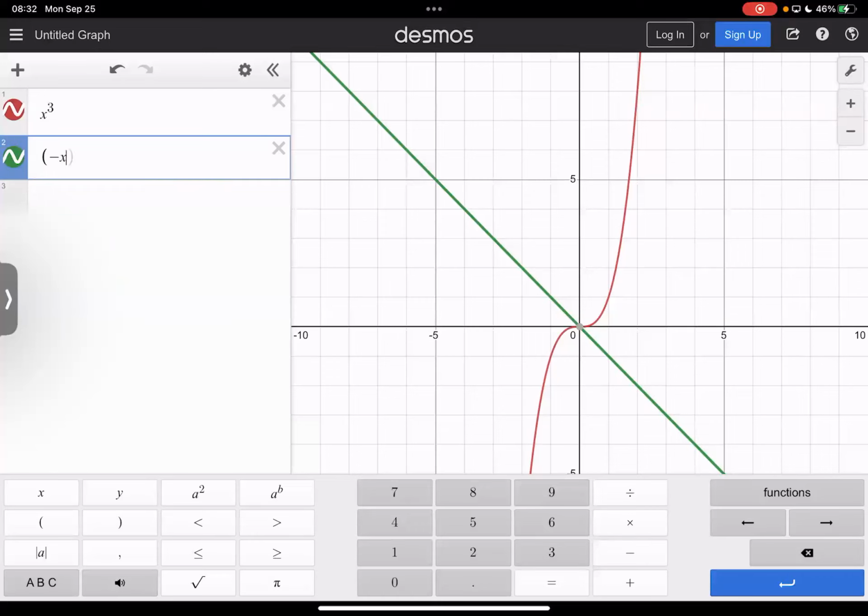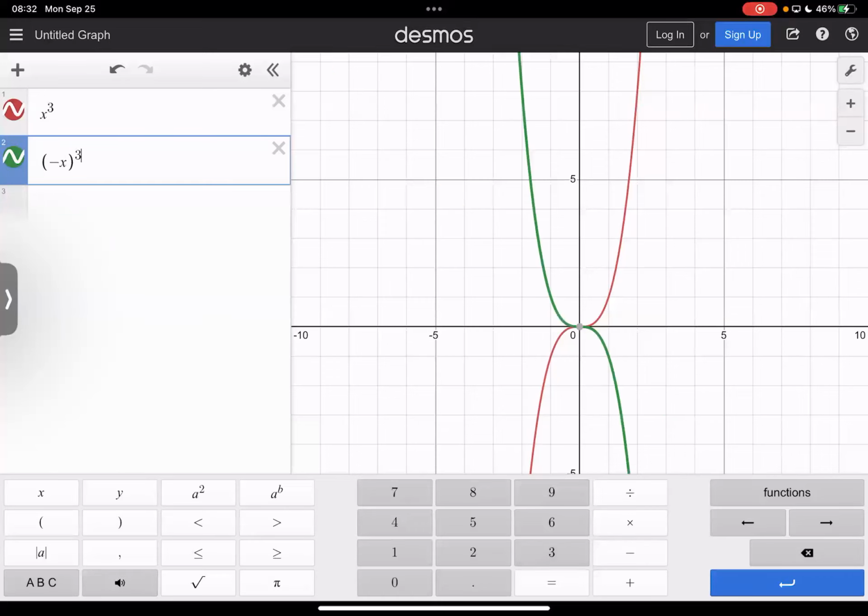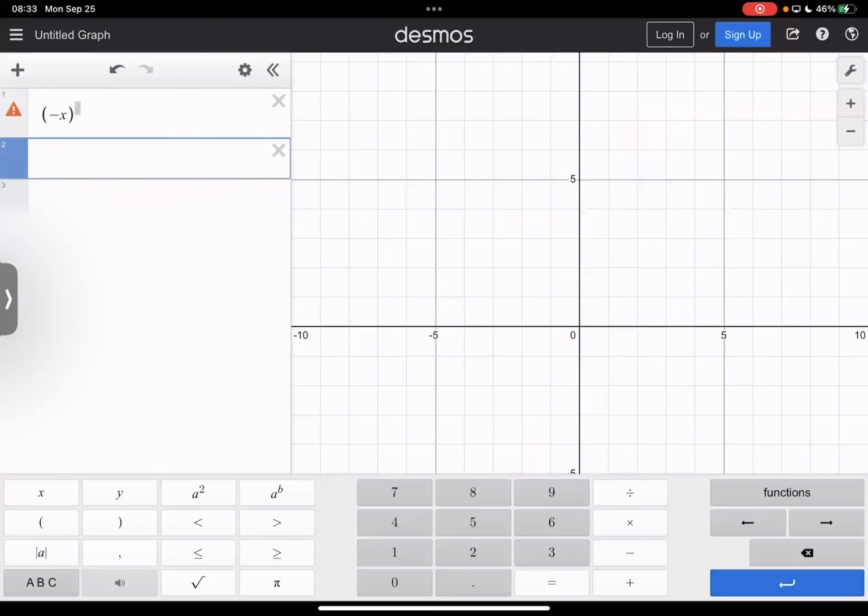X bracket to the power of 3. Okay, I think I know why it's not behaving. It is behaving because it looks the same. Let's do x to the power of 3.